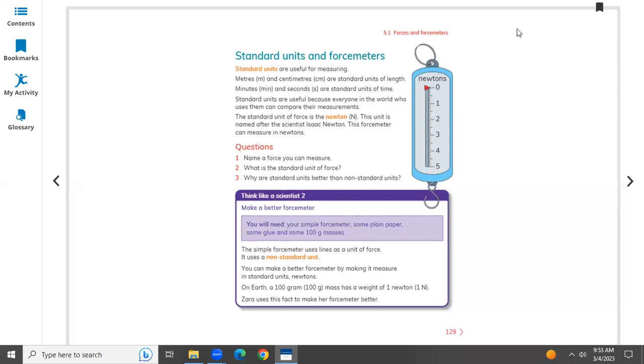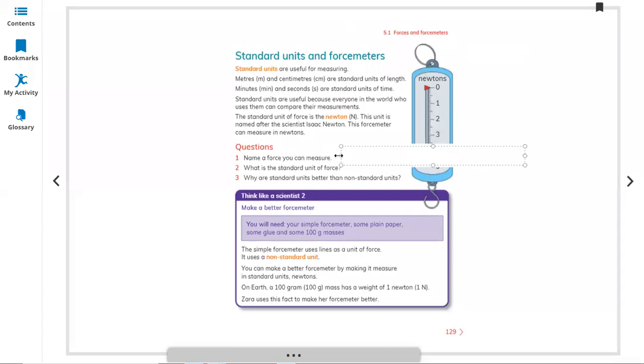Let's start the question answers. Name of force you can measure. With the force, you can measure the weights, so we can write here weight.